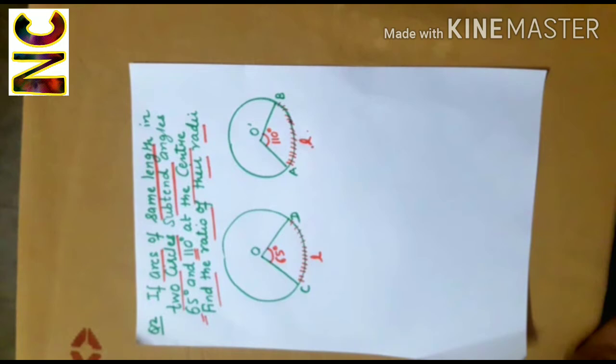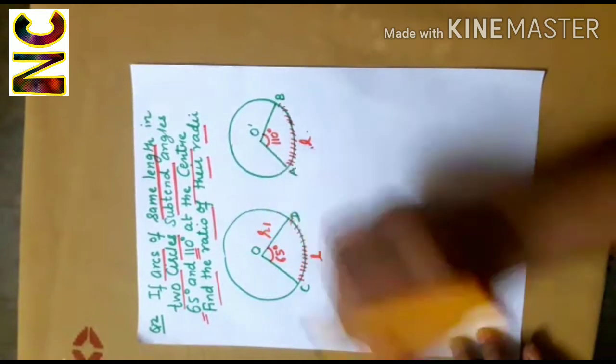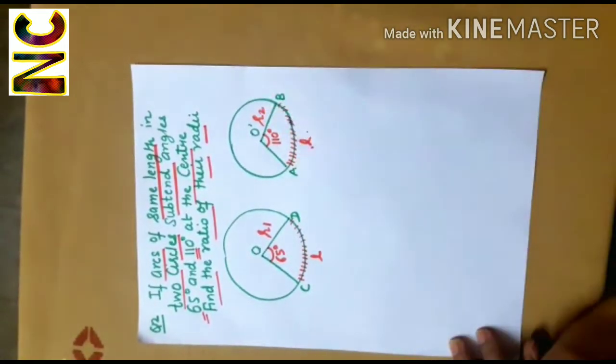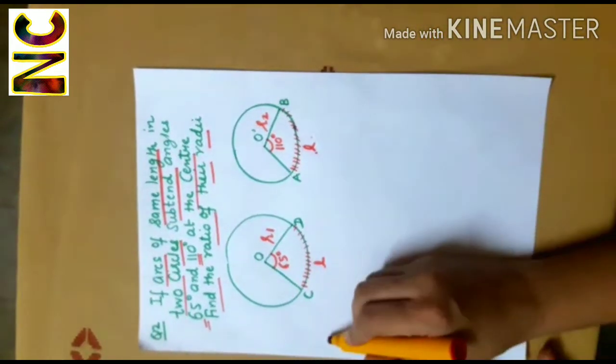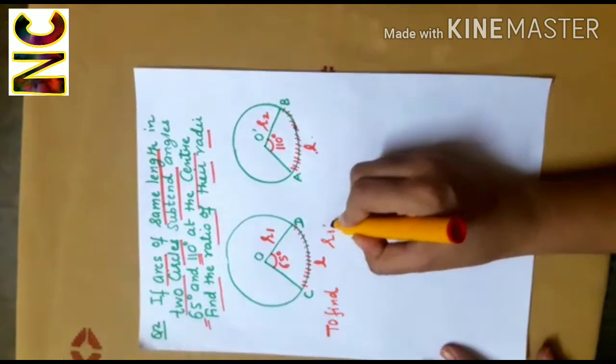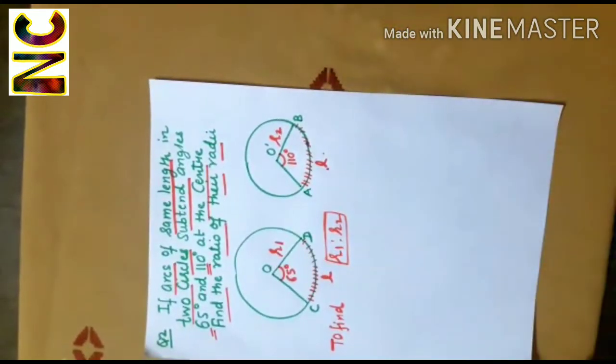Now we are to determine the ratio of their radii. So if the radius of the first circle is R1 and that of the second circle is R2, I need to find R1 is to R2, the ratio of their radii.